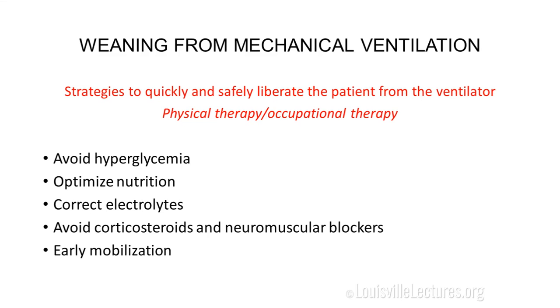Actually, it was associated with worse outcomes. But you don't want your patient to have a blood sugar persistently above 200 in the ICU. Okay? Optimize nutrition, it makes sense. Correct electrolytes, of course, you want to make sure your phosphate is okay, your potassium is okay.